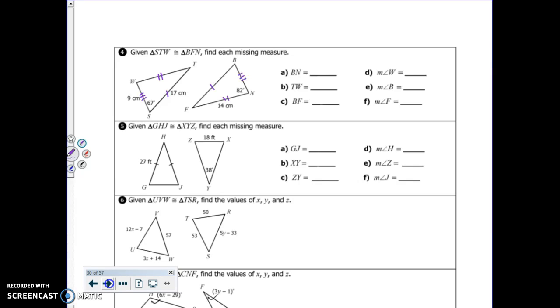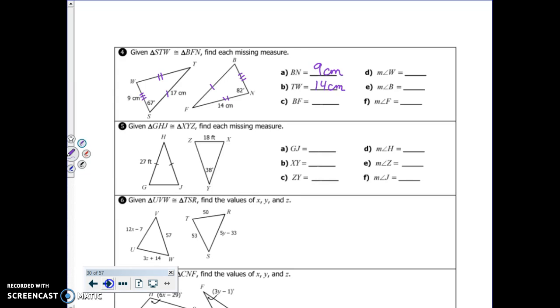And that's going to make finding the numbers that you're supposed to put in a lot easier. So BN for part A, I'm going to match that up with WS, and that would make this 9 centimeters. TW is going to be the same as FN. That's going to make this 14 centimeters. You absolutely don't have to put in the tick marks, but I like to mark up diagrams, so that's what I like to do.